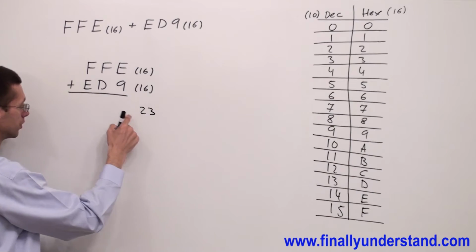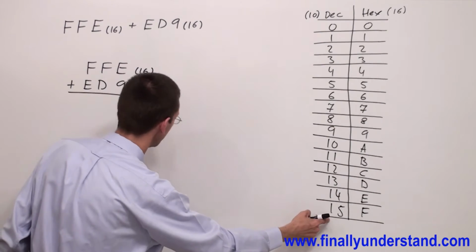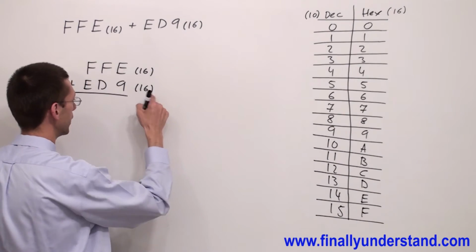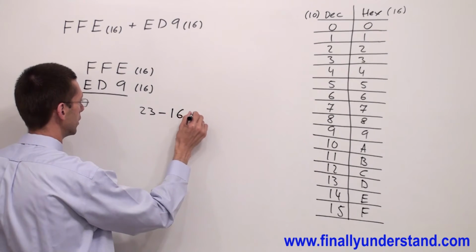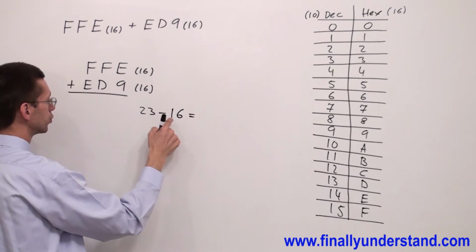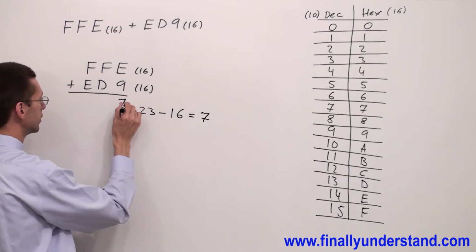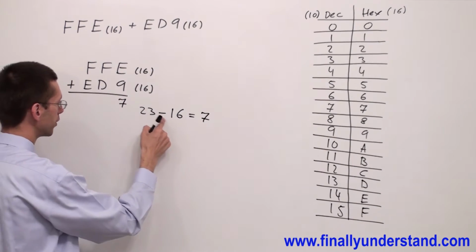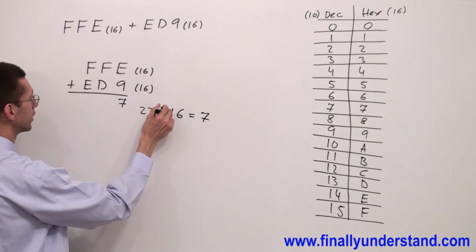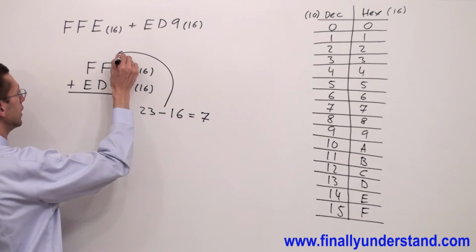And because 23 is greater than 15, I'm supposed to subtract the base. 23 minus 16 is equal to 7. That's why I'm supposed to write 7 over here. And because I performed the subtraction, I'm supposed to carry a 1 to the next column.